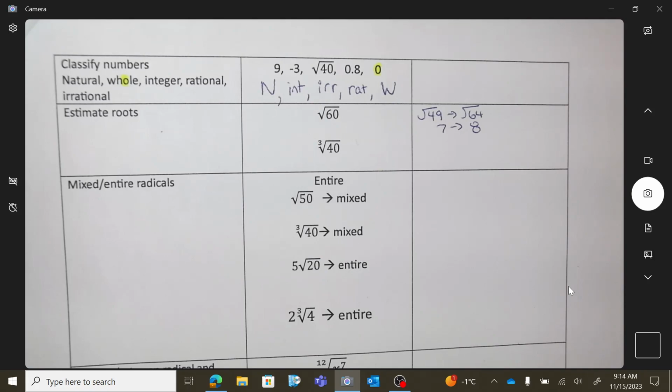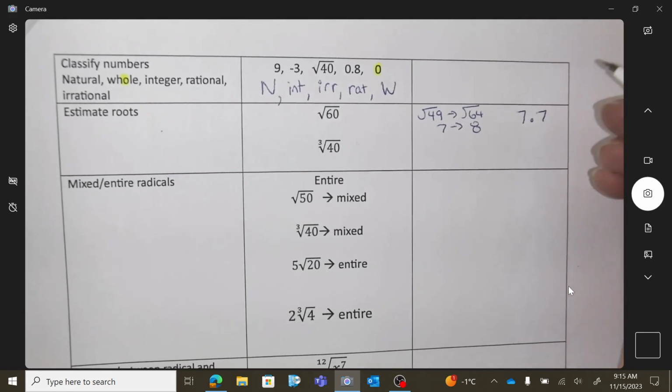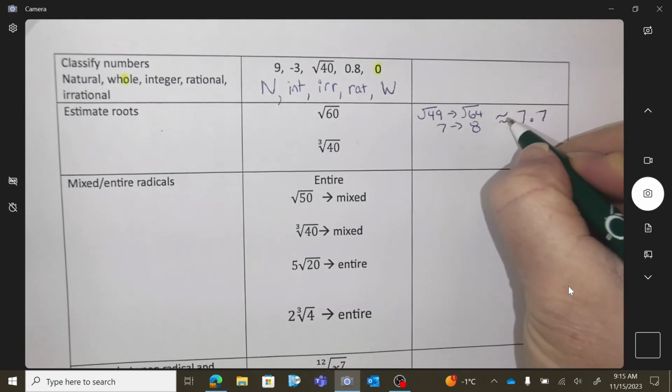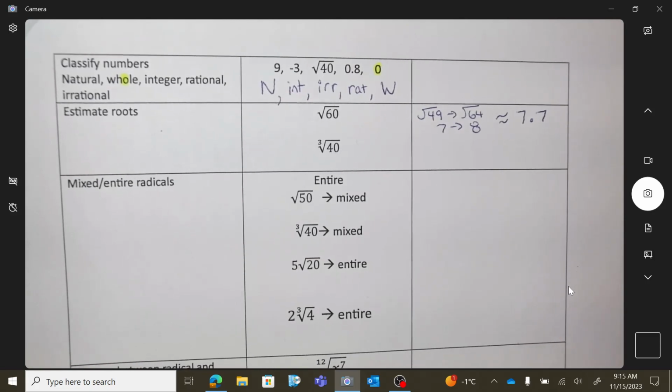Therefore, the value of this will be somewhere between 7 and 8. And you're going to go to one decimal place. So what do you want to do? 7 point, and then you kind of think, am I closer to one end or the other? 7.7, sure. Okay, no calculator, you're just giving me one decimal estimate.